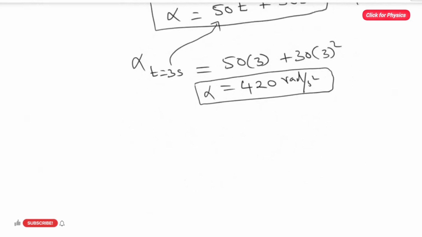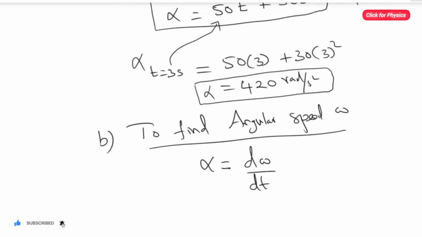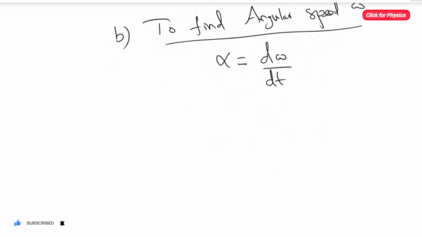So for the B part, to find the angular speed omega, we have to use the formula for instantaneous angular acceleration, which is given by the rule alpha equal to d omega over dt. So I have to rearrange this equation in terms of d omega. Therefore, d omega is equal to alpha multiplied by dt, right?